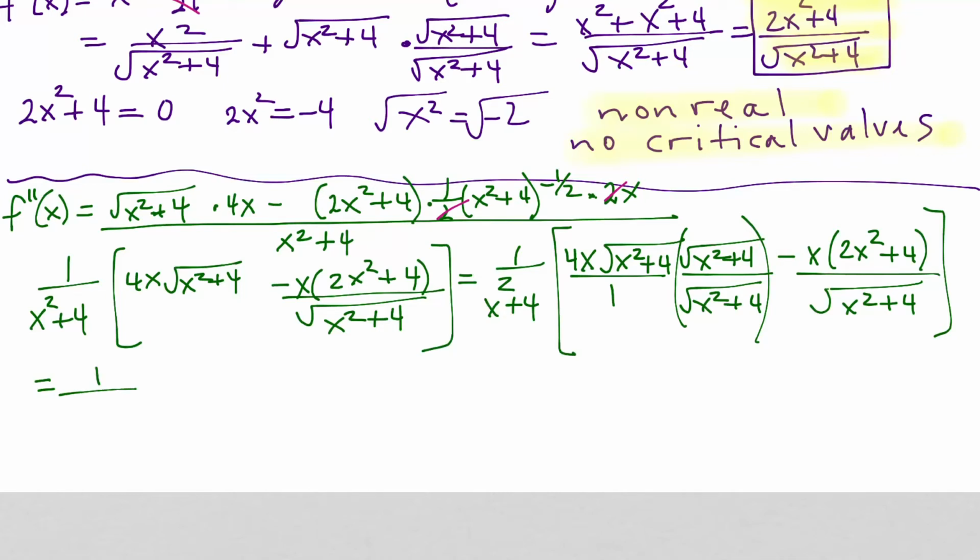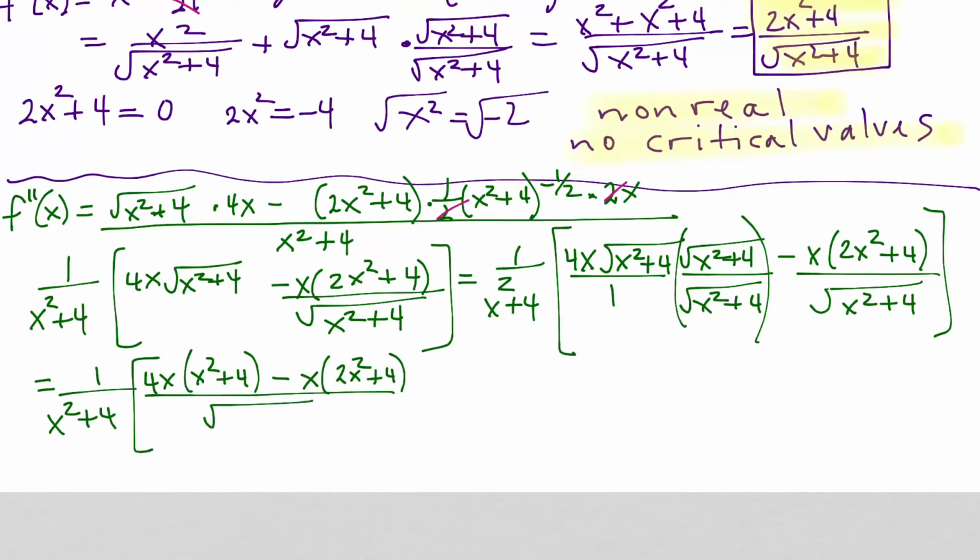So I'll have my denominator, which I'm keeping out here for now. So this would be 4x times (x squared plus 4) with the radical off, minus x times (2x squared plus 4), but I now have only one denominator.